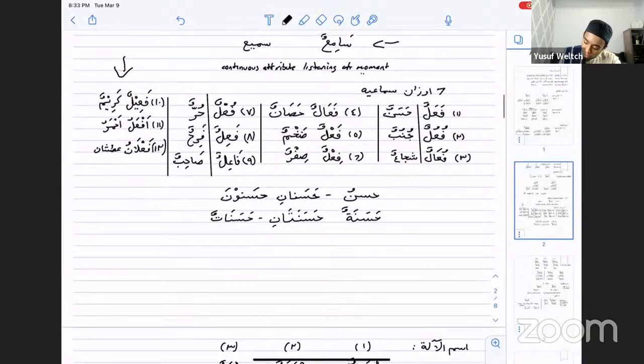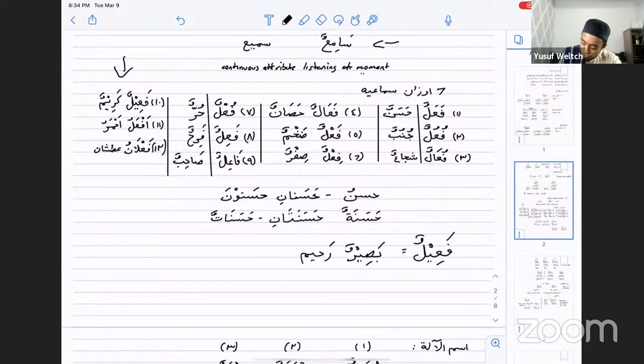So from fa'il, you have many of the names of Allah subhanahu wa ta'ala. Can anyone think of a name of Allah that is on the pattern of fa'il? بصير. Basir, good. There's one in Surah Fatiha. Anyone else? Basir, the all-seeing. Rahim, good. The all-merciful.